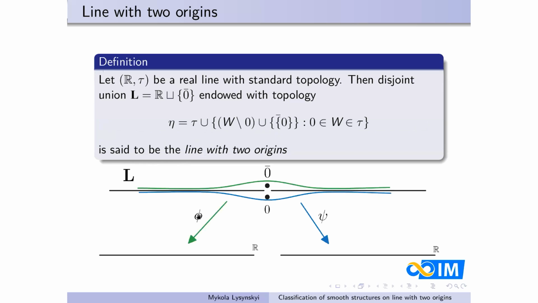Phi and psi are homeomorphisms, but the domains of such charts are different. The domain of psi is L without the dashed point, and the same for phi, but we exclude the other point. Why can we do that? Because if we exclude one of these points, we have R, just a real line.